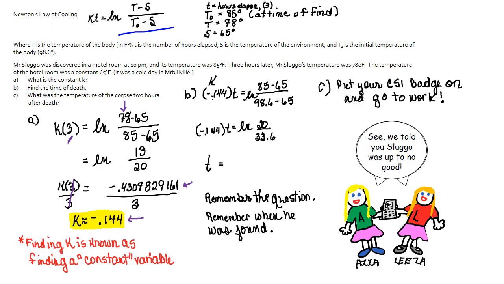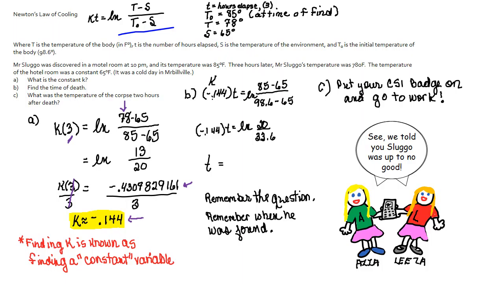So putting it back into the original equation, because what we want to do is find the time of death. We know we had 3 hours elapse from 10 o'clock till we got the 78 degrees. So now we need to find out how much time it took to get from the 98.6 to the 85 degrees.